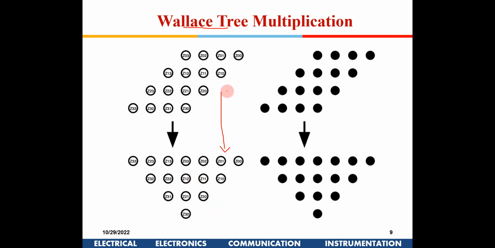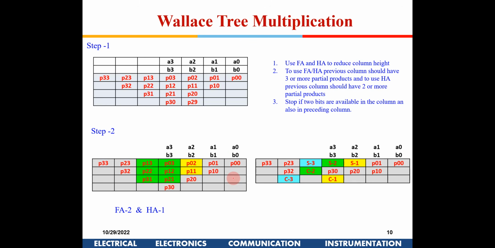Rather than writing it like this, we are just drawing it like this, just to visualize whether we can do some kind of optimization with respect to the number of full adders and half adders that are required. Now there is a certain set of rules for further optimization.